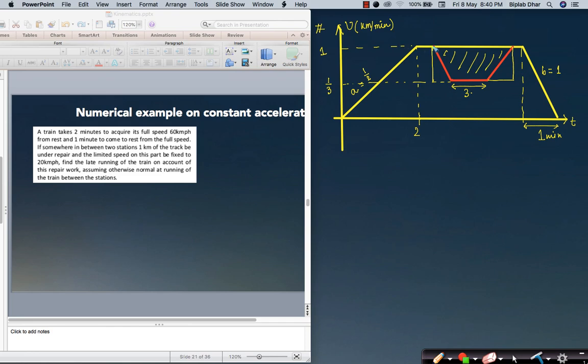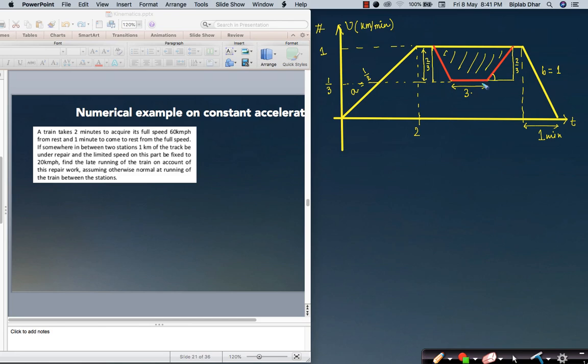Now it is 1 and it is 1 by 3. So what is this much? It is 2 by 3, that is 1 minus 1 by 3. This is also 2 by 3. Now the slopes are the same.